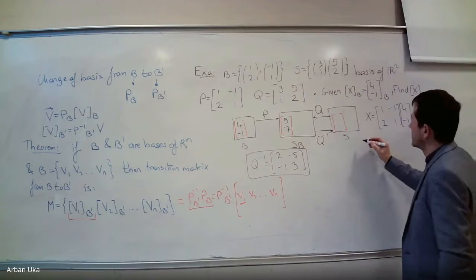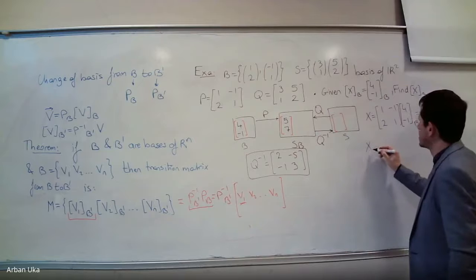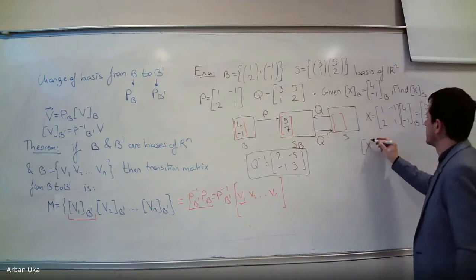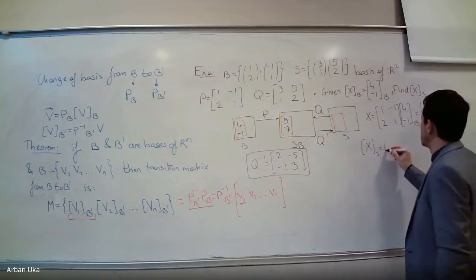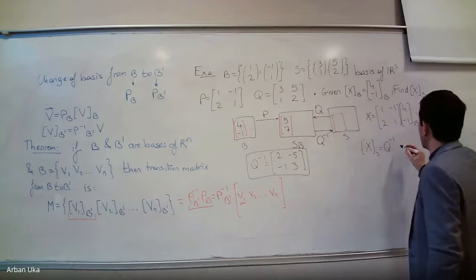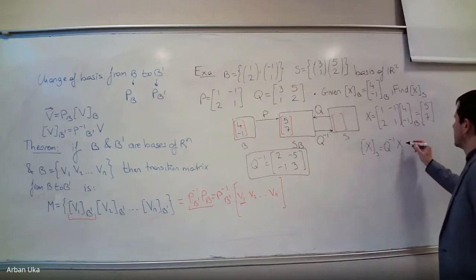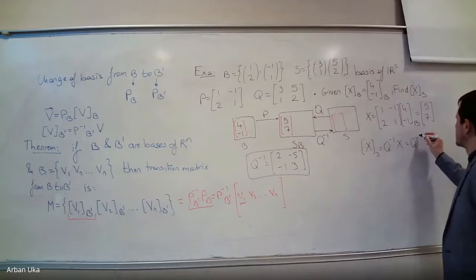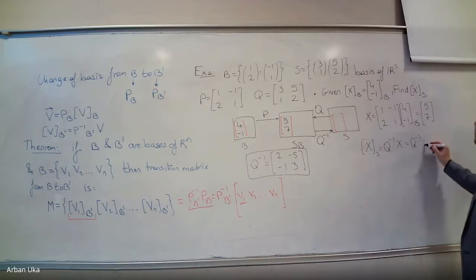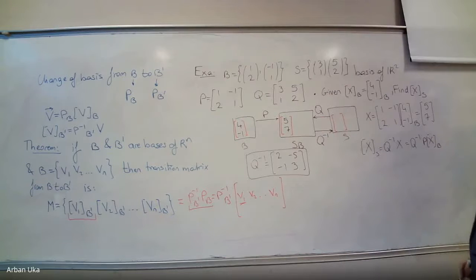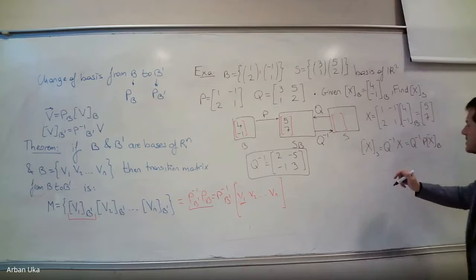So now we want to find what is x according to the basis S, and this is equal to Q inverse times x, and x was equal to P times x in B. Because P times x in B gives us x in standard basis, the rest is the same.